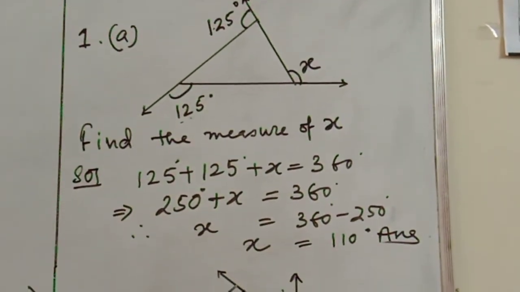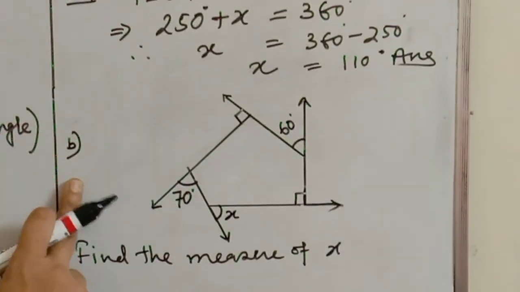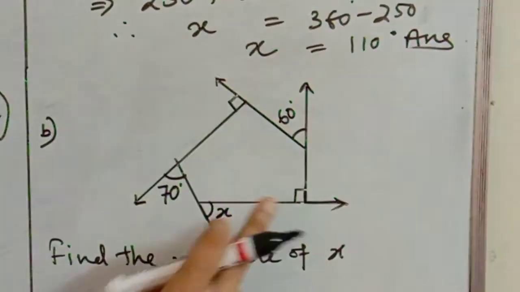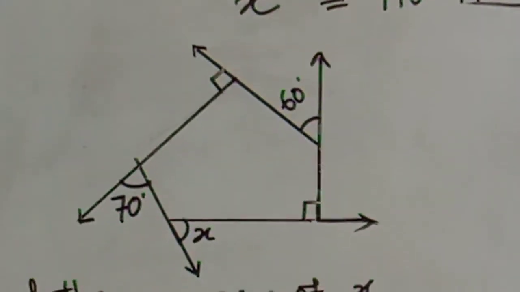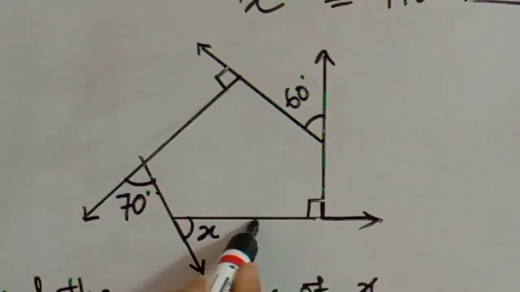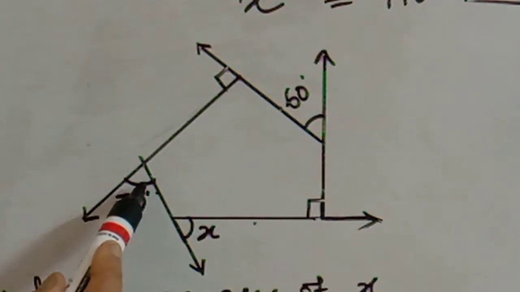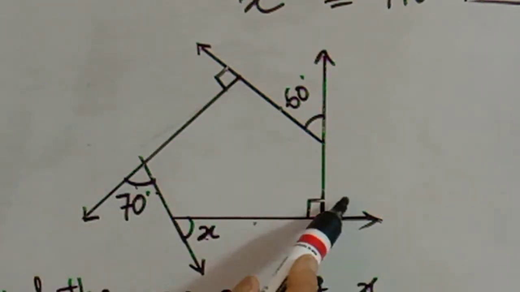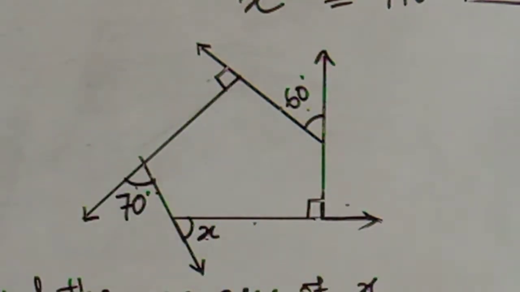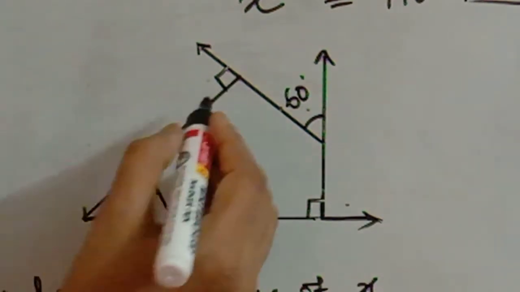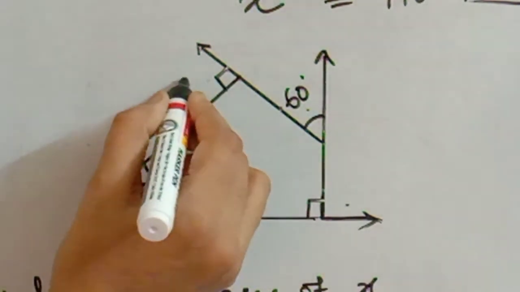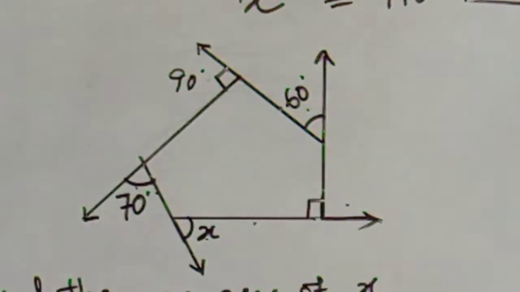Now next question, question B. Look at the diagram. It is a pentagon. 1, 2, 3, 4, 5 sides are there, so you have also 5 exterior angles. And you can see that the symbol tells me it is 90 degrees. So one angle is given, but what will be this angle?